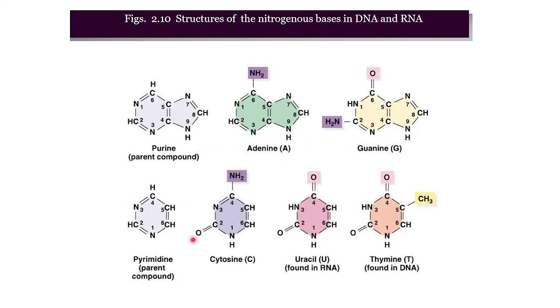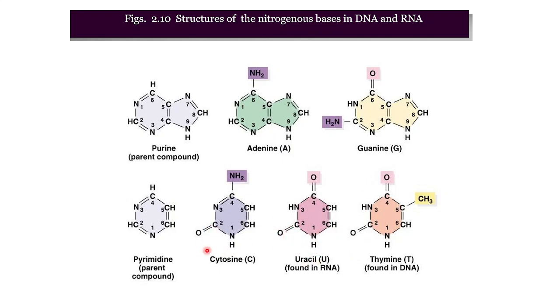For pyrimidines, the structure is quite simple. Over here you have cytosine, uracil, and thymine. Uracil is present in RNA and thymine is present in DNA. For cytosine, you see that the 4th carbon hydrogen is substituted with an amino group, and in position 2 you have a carbonyl group.